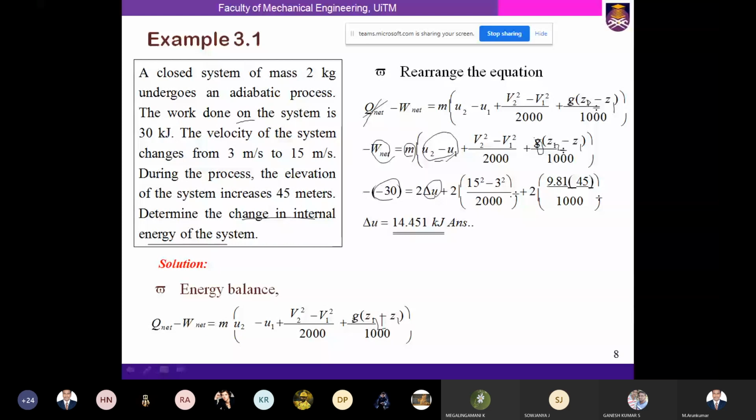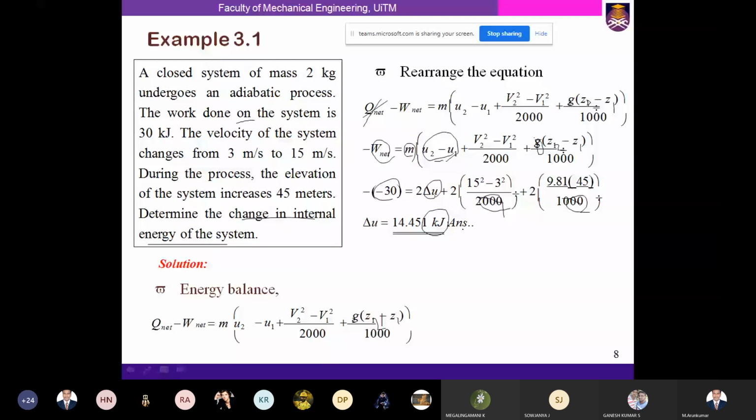So if you substitute the values, just remember the denominator in the equation is 1000. So we will get the internal energy in kilojoules. If you don't have this, the internal energy got from this equation will be in joules.